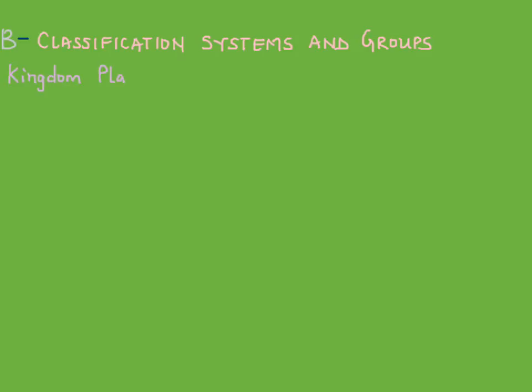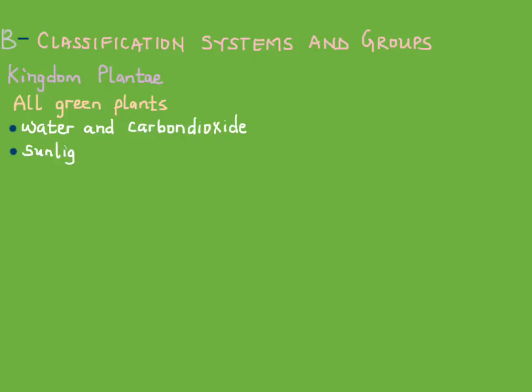Kingdom Plantae is a large kingdom consisting of all green plants. They make their food from simple substances using sunlight energy in the process called photosynthesis.